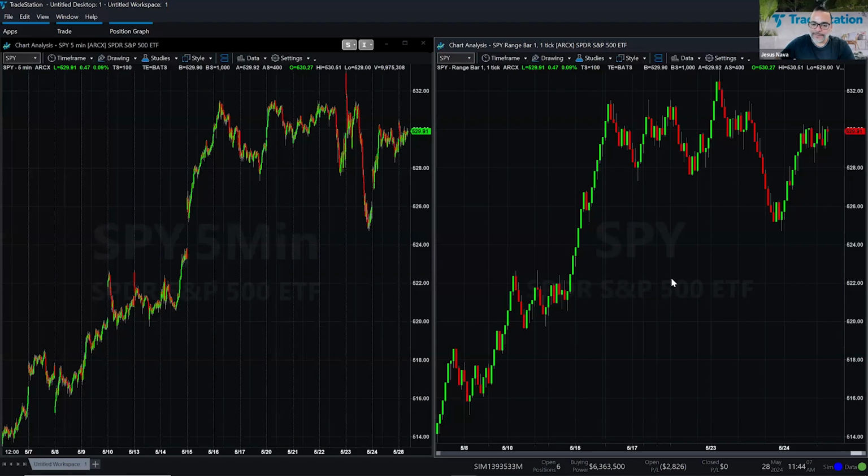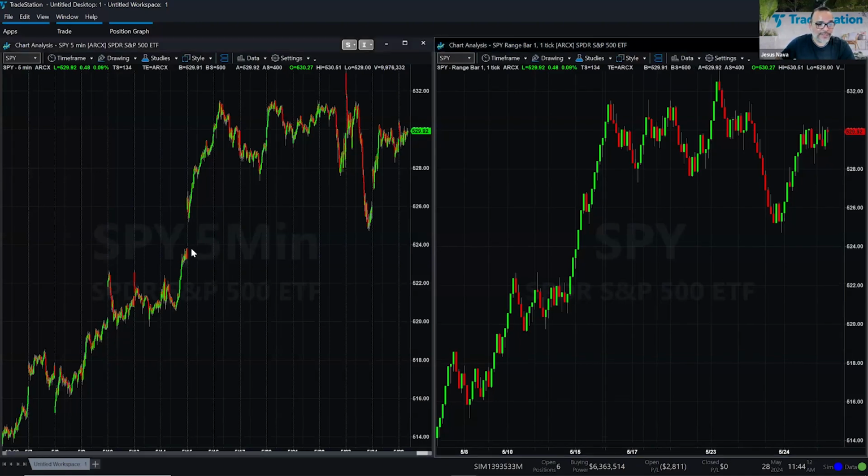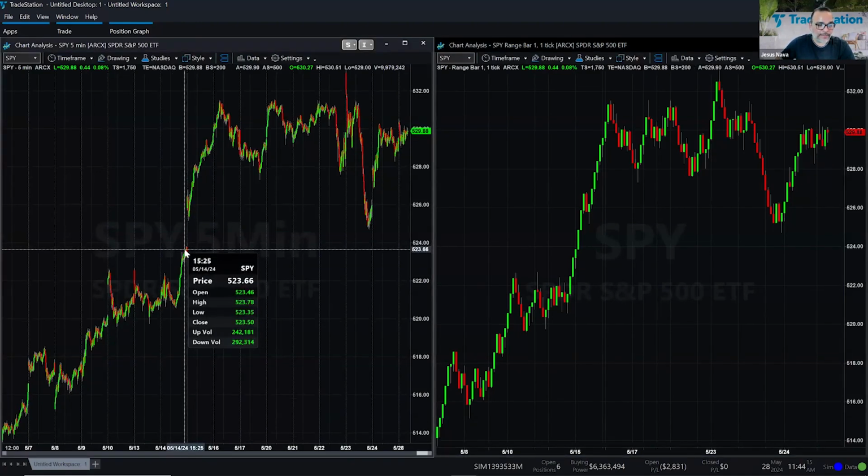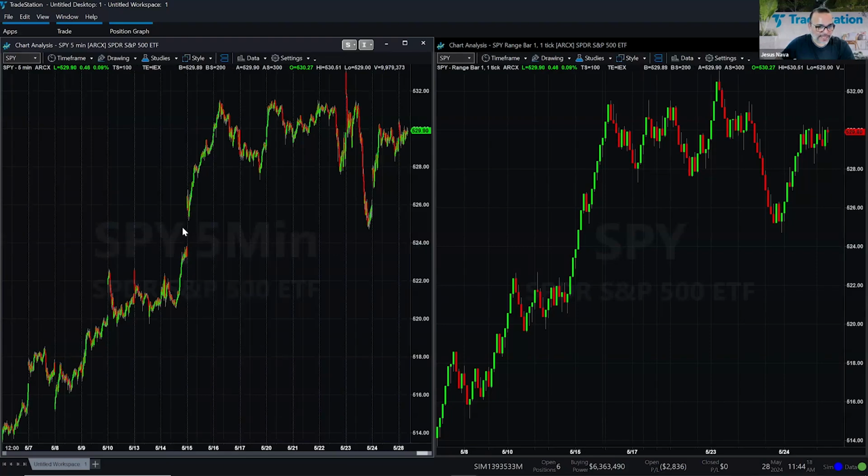However, one thing that I wanted to point out is exactly what happened here. You see, there's a gap that happened between May 14th and May 15th. Everybody sees the gap? What the range chart does is it fills the gap in, meaning that if there was a price jump, from this low to this high, that is still considered a price movement and is going to graphically represent that with candlesticks, even though there wasn't really any trading activity in between because there was a gap.